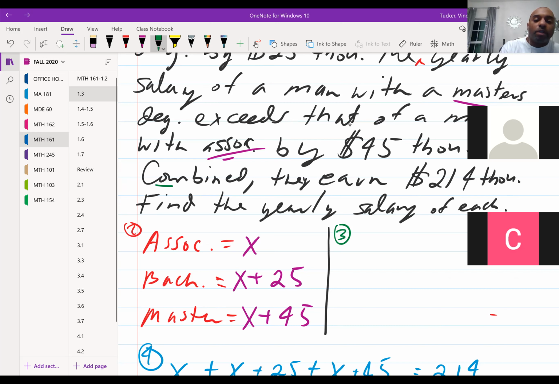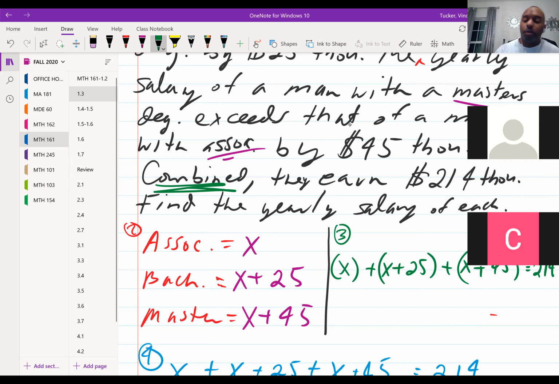And the key word here is combined. Combined, they earned $214,000. So that means I'm going to add them together. X plus (X plus 25) plus (X plus 45) equals 214,000. And I just put the parentheses there just to signify that we're adding each one of those quantities. All three were separate. So combined is what tells us to add them together.